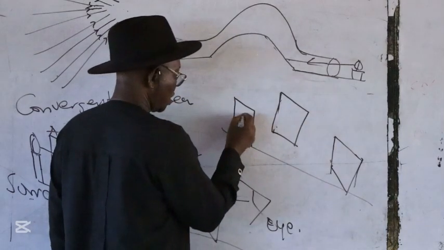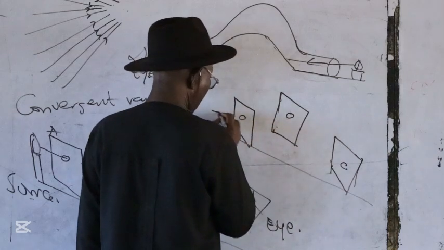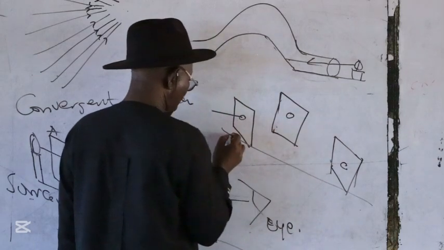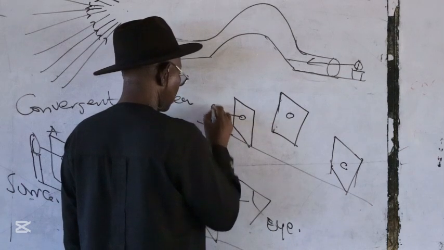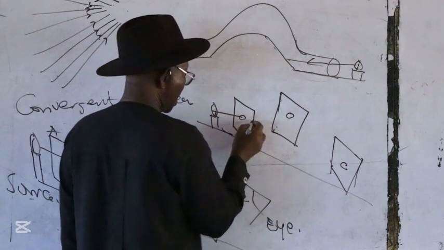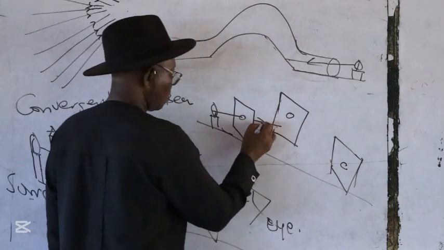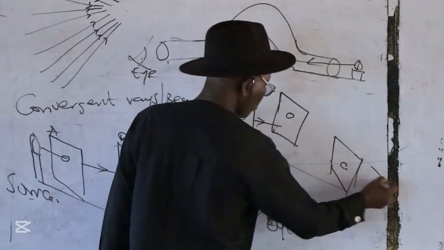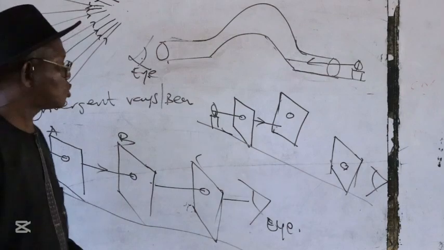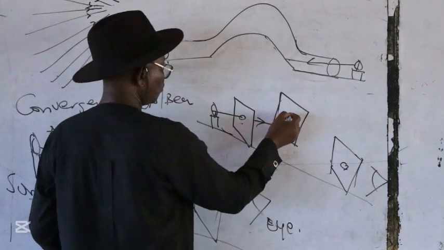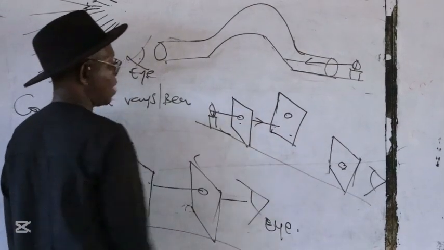Now you have a hole here, a hole here, a hole here. As the rays of light from the candle enter here, it gets out here and it will be blocked. The eyes of the observer here see no rays of light because the hole here is not straight with it. So the rays of light will be blocked by this.